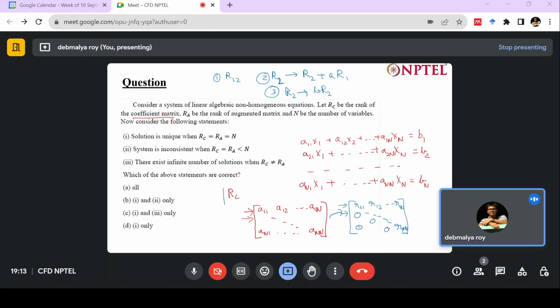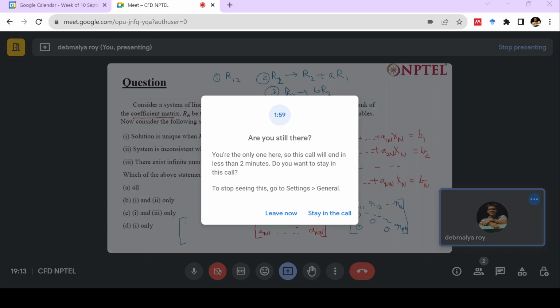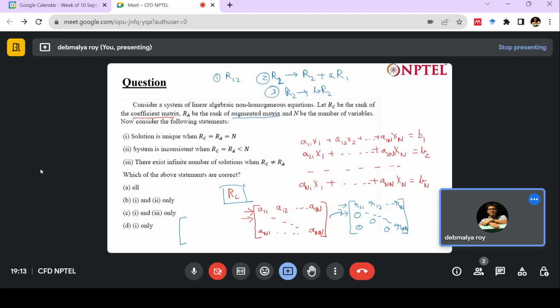So RC is the rank of this coefficient matrix. What else is there? We have an augmented matrix as well. Augmented matrix is nothing but we simply add another column.